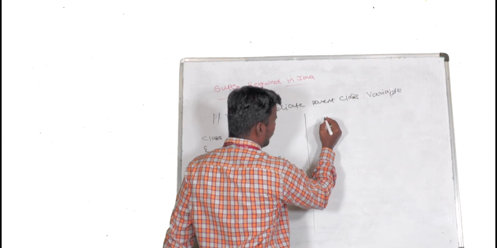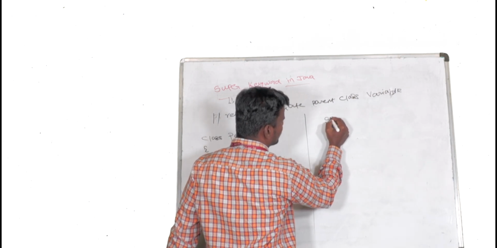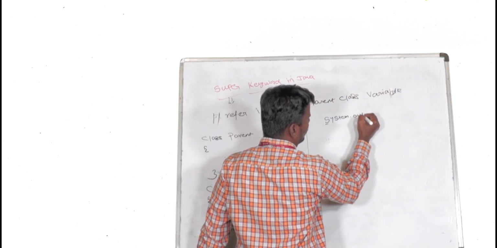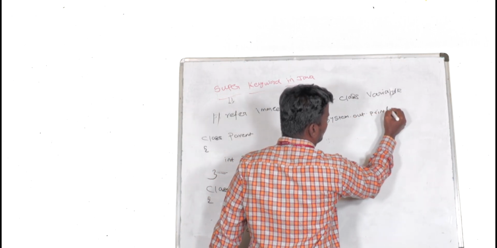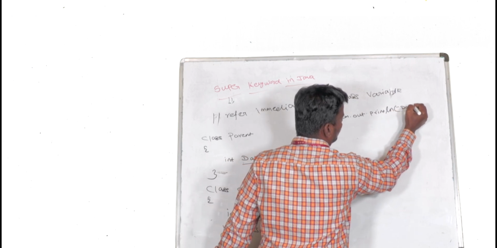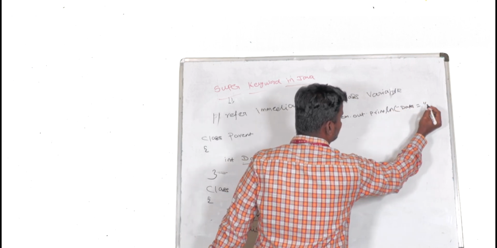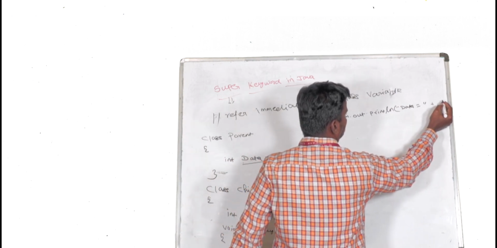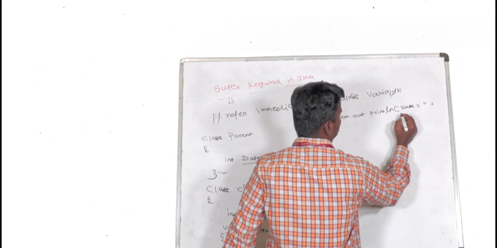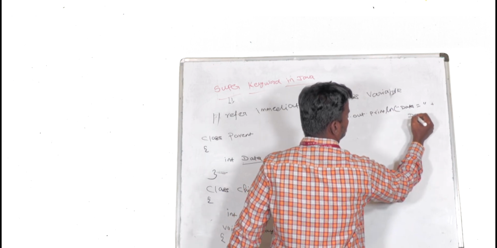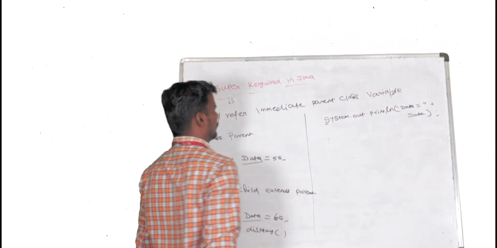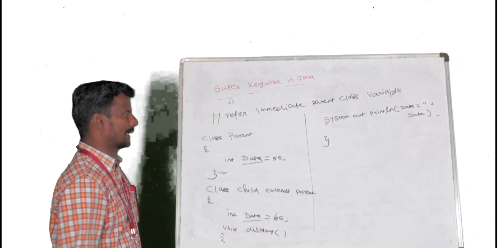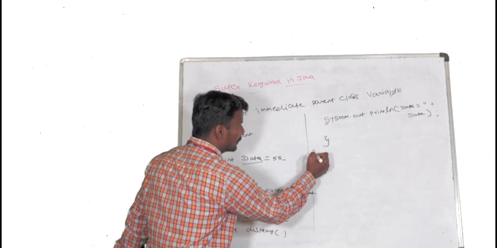If you want to print, we have to use the print statement, that is System.out.println("data is equal to" + data). And the next we close the method, and then close the class.